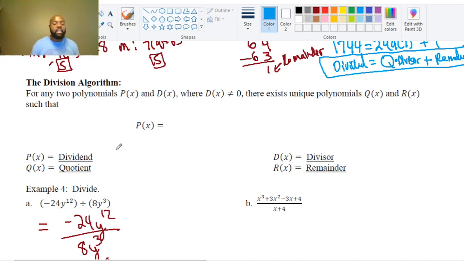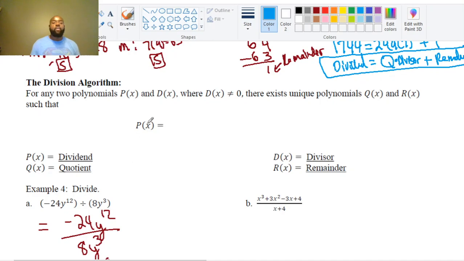I'm going to use P of x for dividend, and I'm going to reserve the D for divisor. We're using P because it's the polynomial that we're interested in dividing into for your dividend. So P is your dividend, D is your divisor, Q is your quotient, R is your remainder.